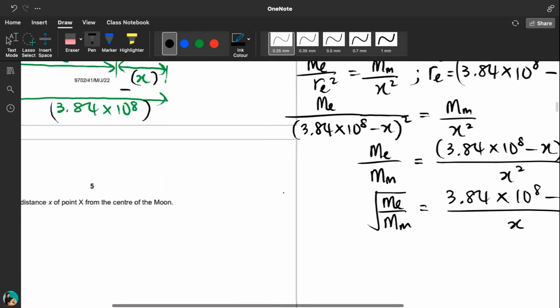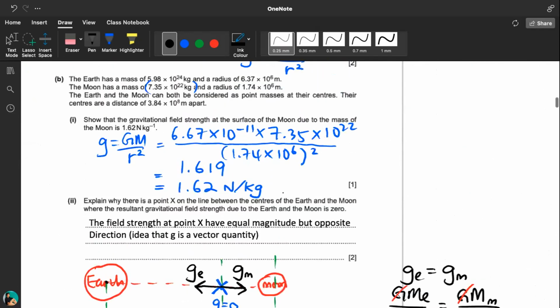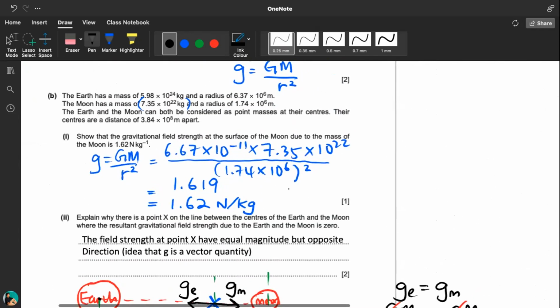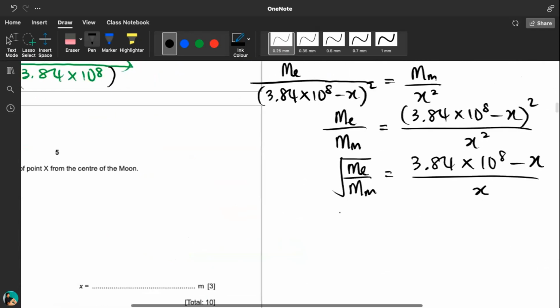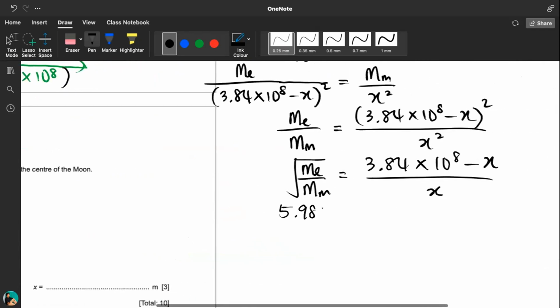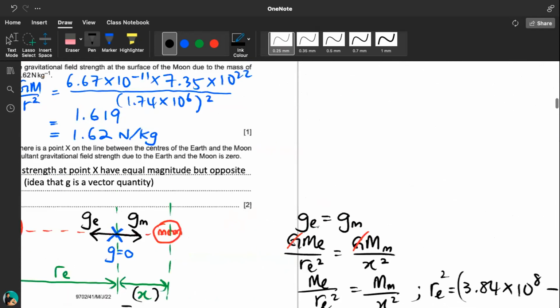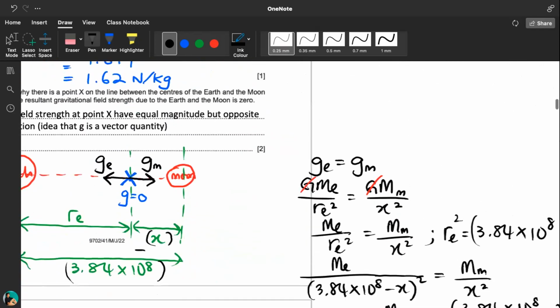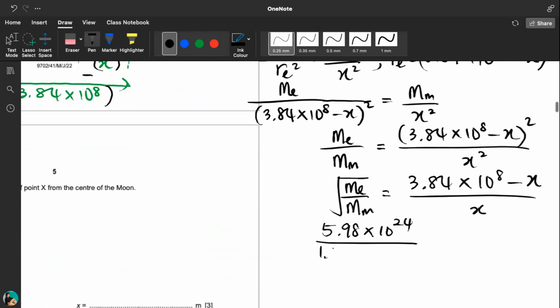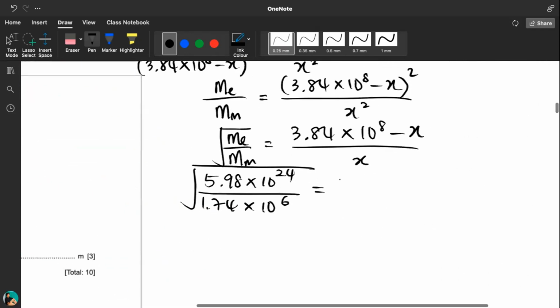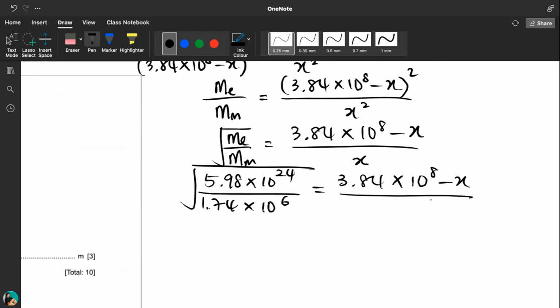Okay, so let's calculate the left-hand side. ME is 5.98 times 10 to the power of 24, over the mass of the moon.